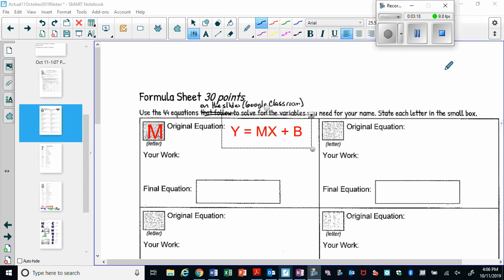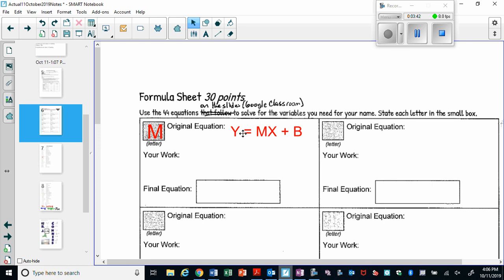Regarding the letter, I chose the letter M. However, the letter M must not be isolated. It must be a part of an equation, but yet not isolated. So we need to do some work to get M by itself.